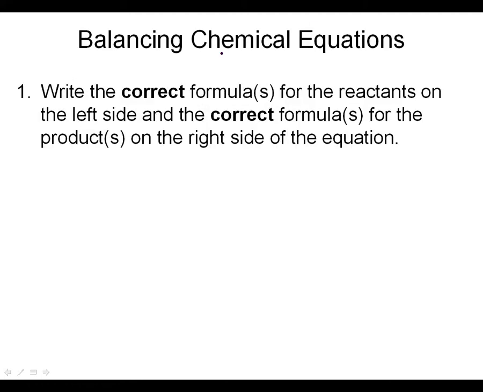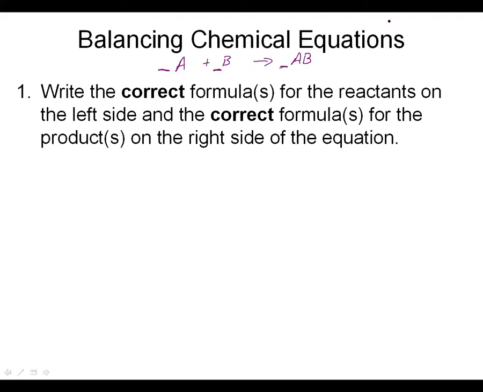So let us talk about then balancing equations. So we're going to talk about sort of the steps to balance chemical equations. And when it's all said and done, a couple important things. When we do balance equations, the only thing that we should ever change is the coefficients that come in front. So we should only change the numbers that come in front.